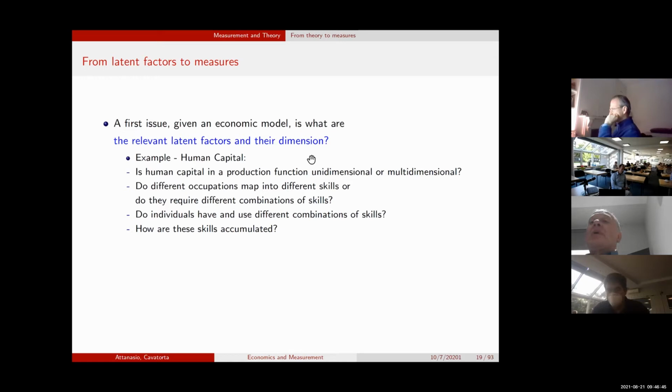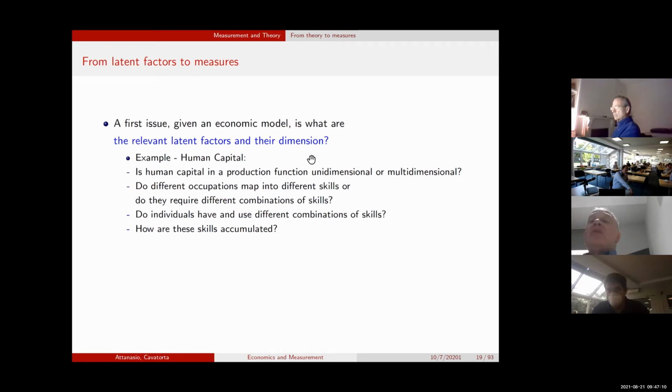When you talk about human capital, is human capital just a scalar, a single variable, or is it a multidimensional factor? And the answer to that question, there is no right answer. The answer depends on what kind of problems you're interested in.